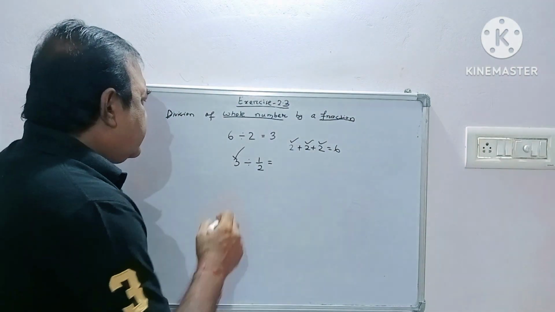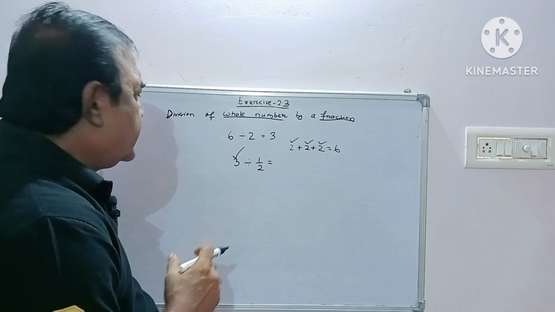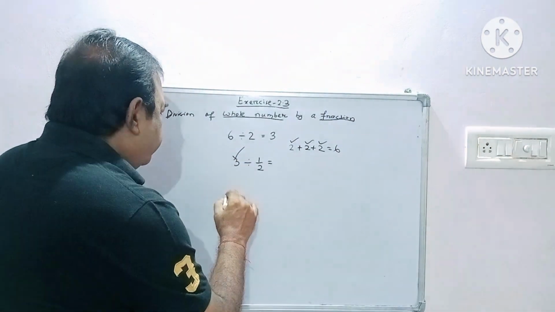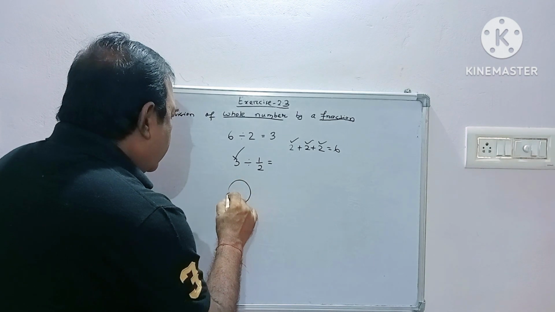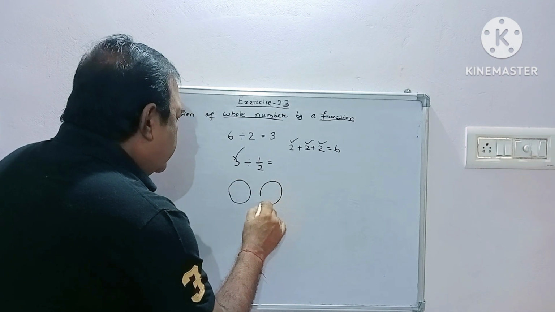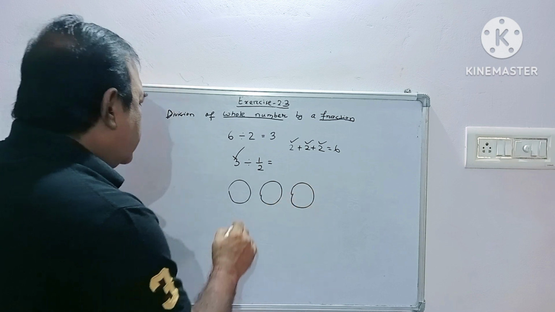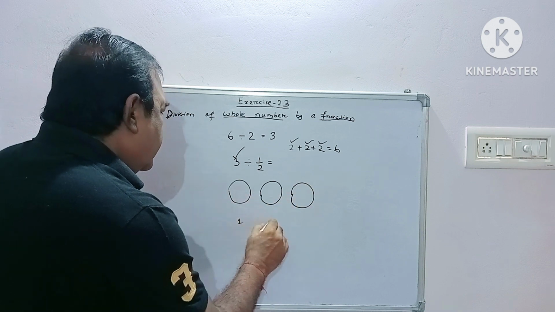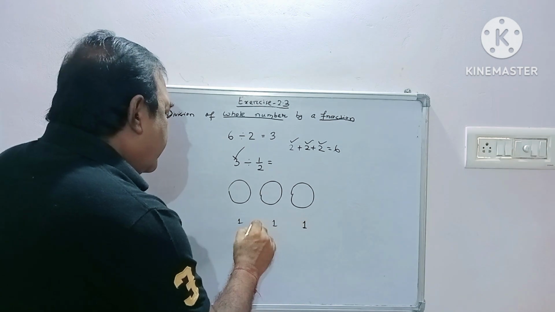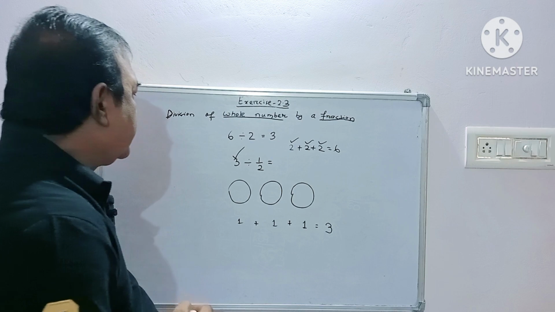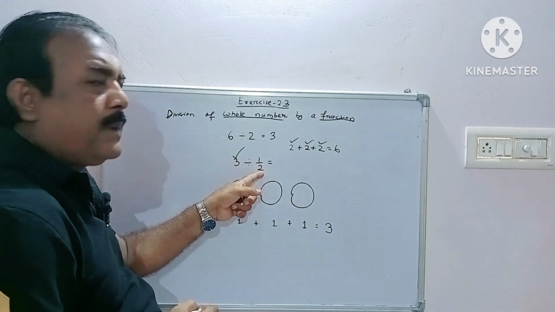So let us see the pictorial representation. 3, 1, this is another 1, and this is also. So this is 1, 1, 1, 3. So how many 1 by 2 is present?